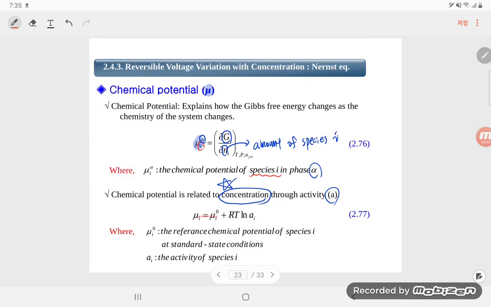As we did, this is not a standard condition, so this is the standard condition, and additionally we add this RT ln a_i. Now ln a_i is the activity of the species i, and mu_i0 is the chemical potential at a standard condition.